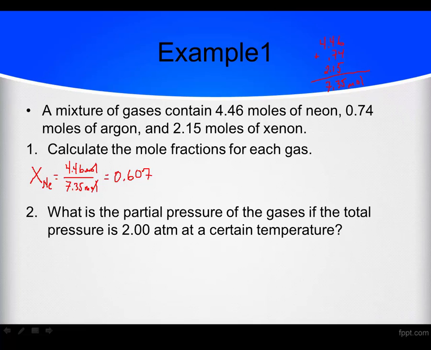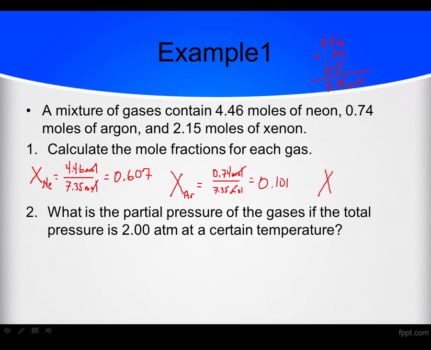To get the mole fraction of argon, I'm going to do something similar. I'm going to put 7.35 on the bottom and 0.74 moles on top. Again, moles and moles cancel, so I've got a unitless answer here. We're getting 0.101, according to the calculator.